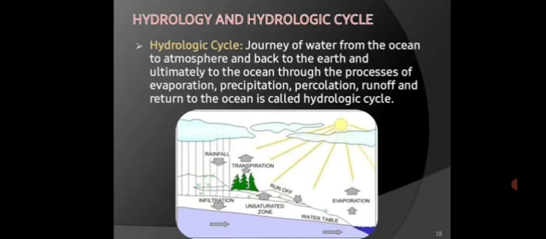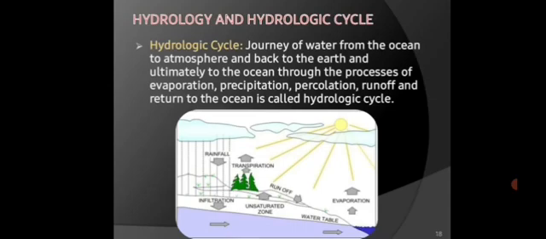Hydrological cycle is circulation of water from atmosphere to earth, earth to atmosphere. But let's see this hydrological cycle in hydrology subject terms. In this we are using the hydrological parameters to define the hydrologic cycle. So let's start with the hydrological cycle.